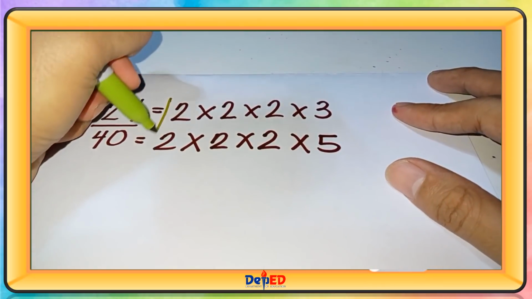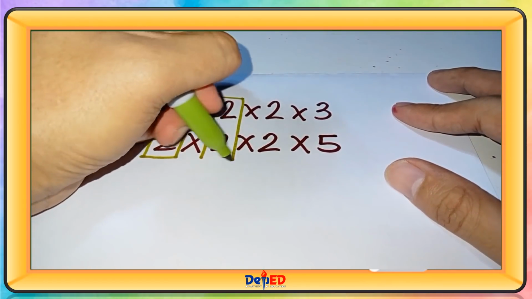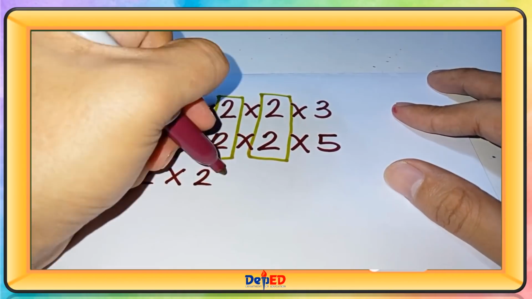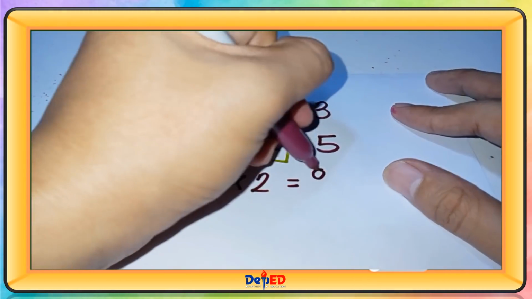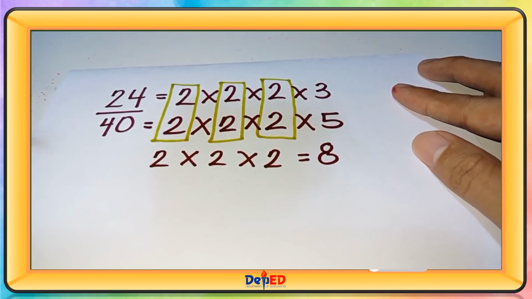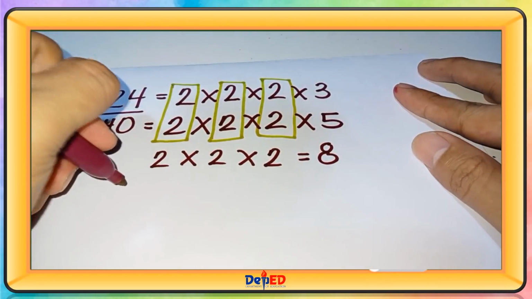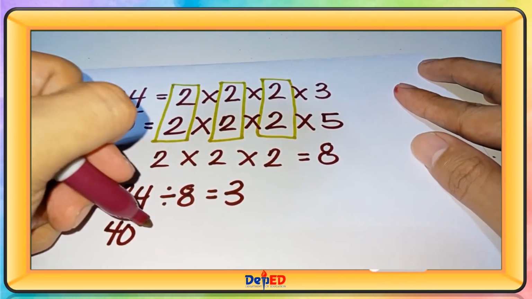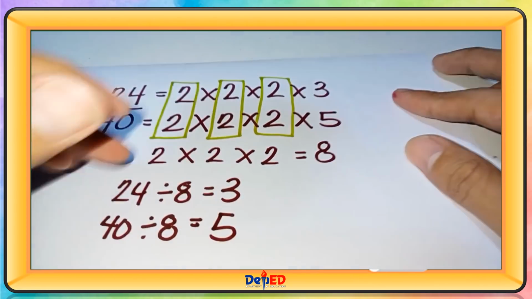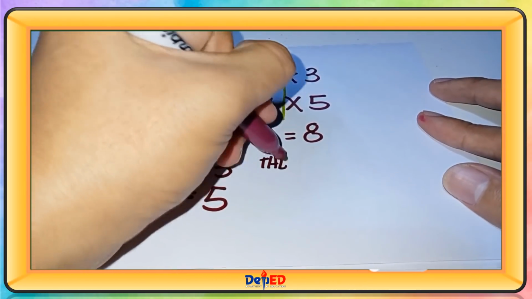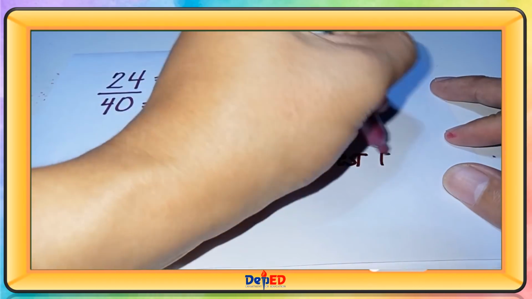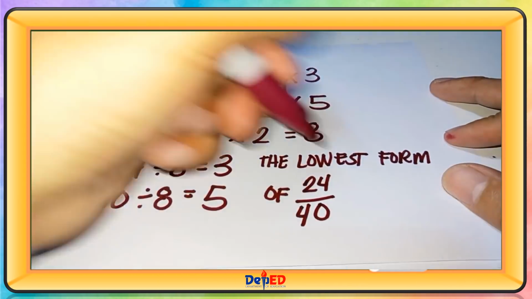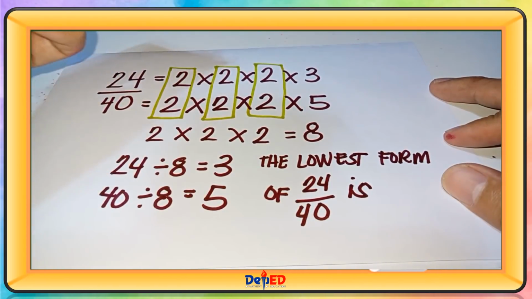We have 3 common factors, which is all number 2. 2 times 2 times 2 equals 8. 24 divided by 8 equals 3. 40 divided by 8 equals 5. The lowest form of 24/40 is 3/5.